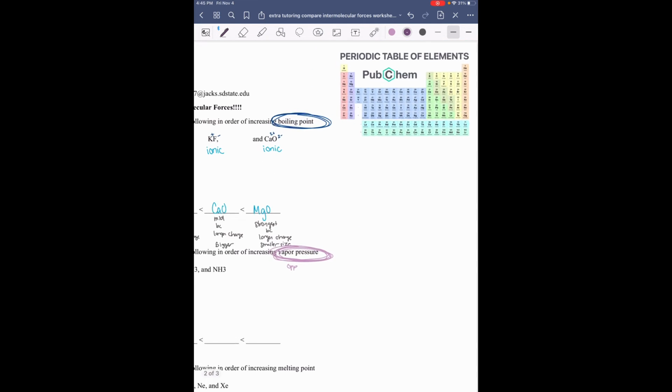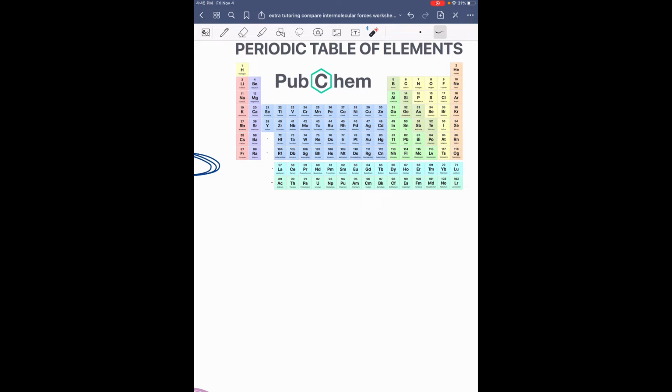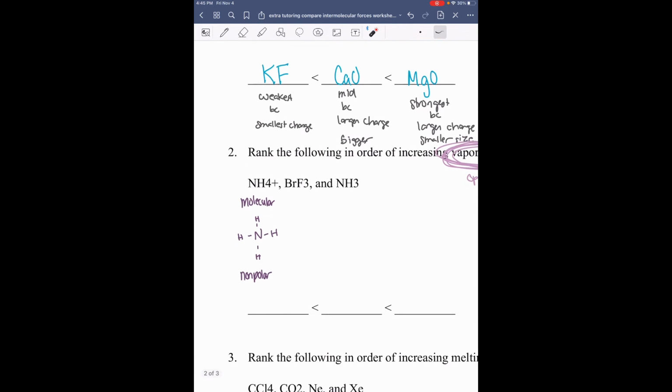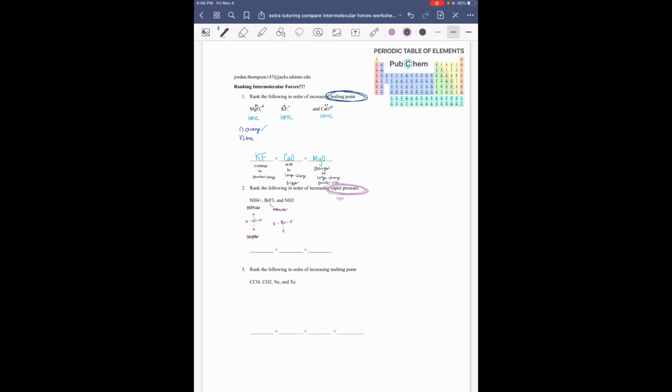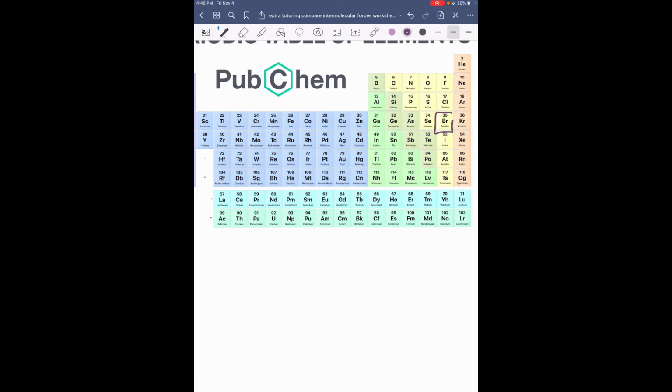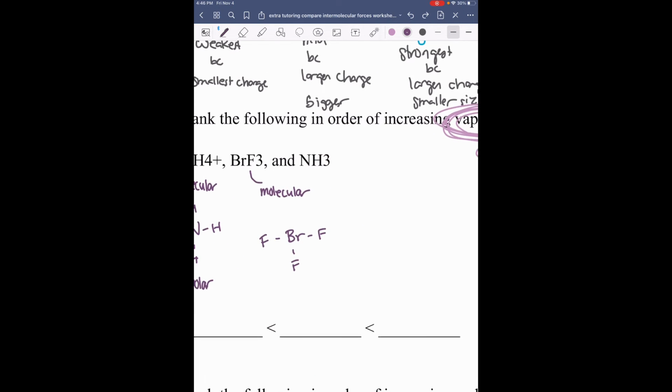So where's Br? Br is over here, F is over here, so we have another molecular species. Then if it's molecular, I want to draw it out to see if it's polar or non-polar. So we have Br, F, F, F, and because Br is in this row, it has 7 valence electrons.